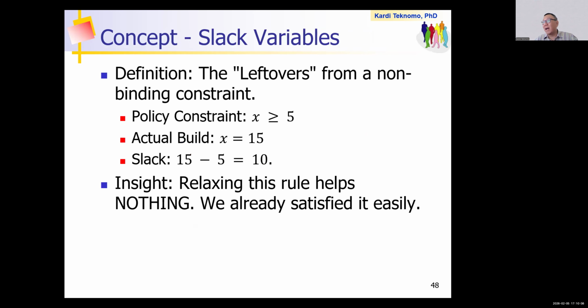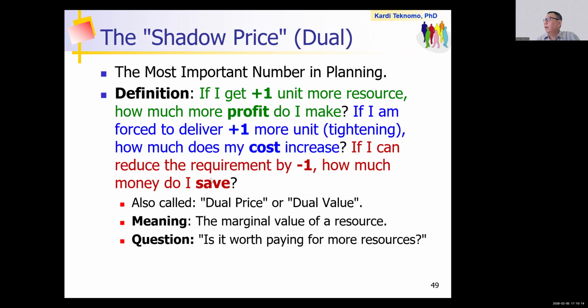That means you can relax that policy variable in this case. And we also have what is called dual, the shadow price in economics. So if you get 1 unit more resources, how much profit can you get? Which resources depends on the variable that you set.